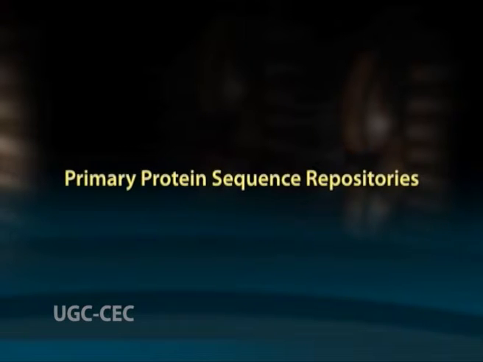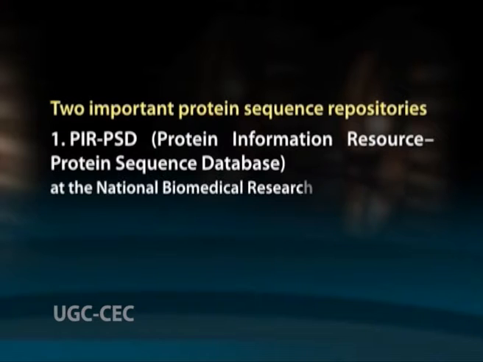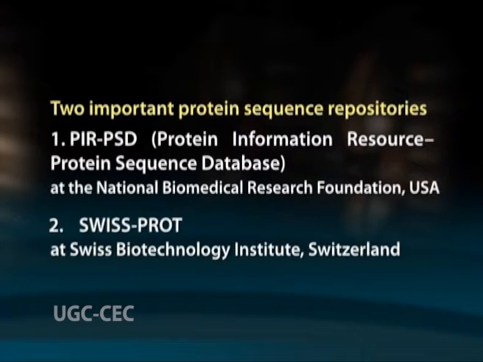Primary protein sequence repositories. The two important protein sequence repositories are PIR-PSD, that is Protein Information Resource Protein Sequence Database, at the National Biomedical Research Foundation, USA, and SwissProt at the Swiss Biotechnology Institute, Switzerland. PIR-PSD.